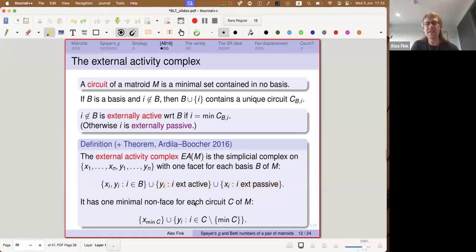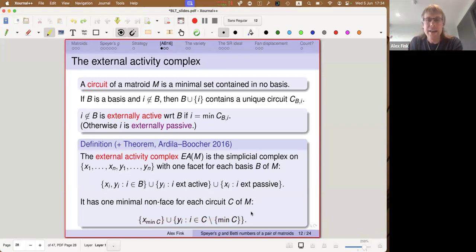On the other hand, I could take the circuits and label them according to the activity: label the minimum element with an X and color all the non-minimum elements with Y. That gives me another subset of x1 through xn, y1 through yn. And the theorem is that these two things go together and form an Alexander dual pair.